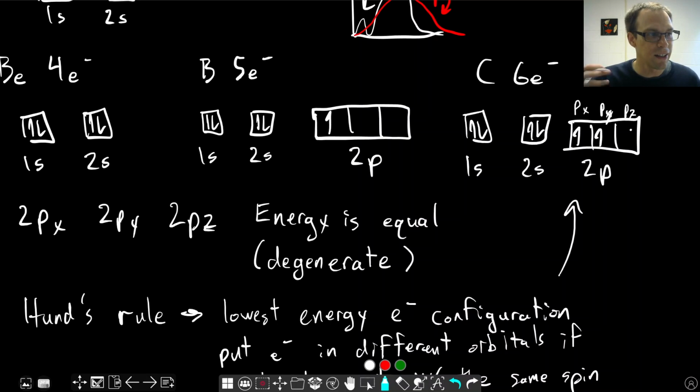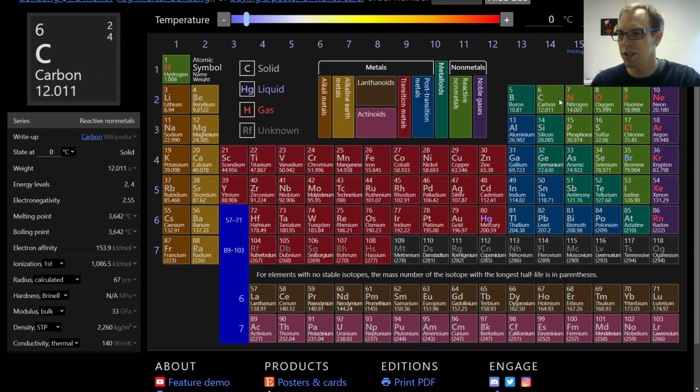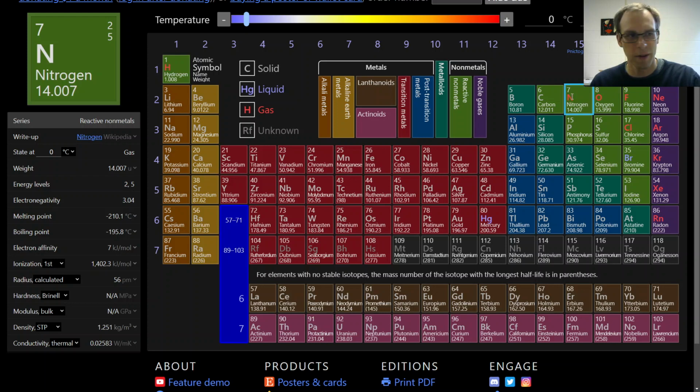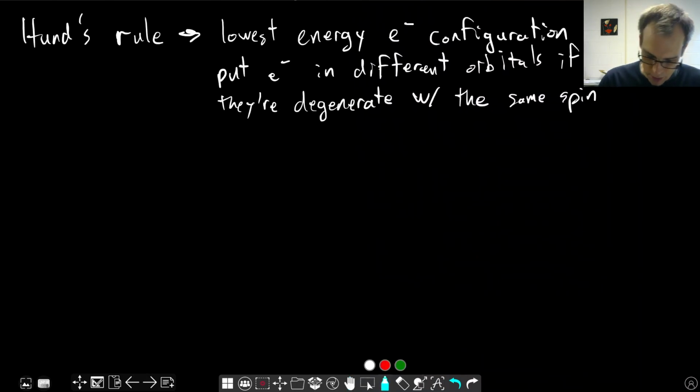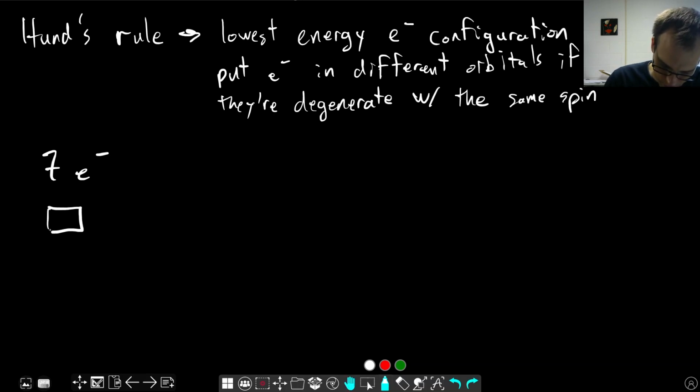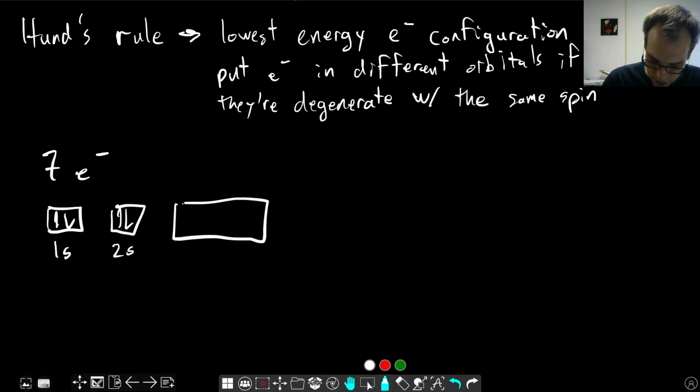So when we put in an additional electron, when we go to 7 electrons, as is the case with nitrogen, which is next to carbon, we fill in the 1s orbital with 2 electrons, the 2s orbital with 2 electrons, and then our three 2p orbitals.